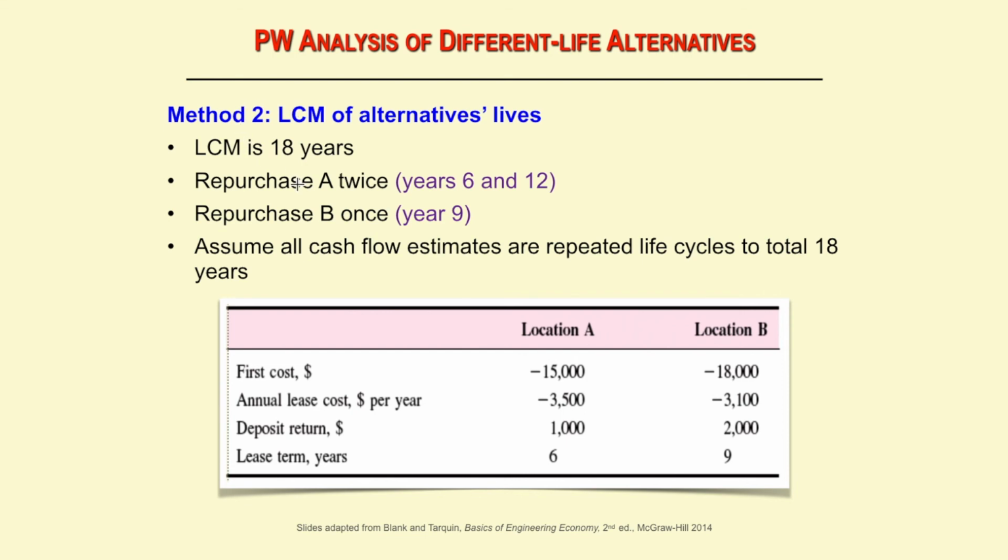Which means that location A has to be repurchased twice at years 6 and 12, and location B has to be repurchased once at year 9. And in using this method, we assume that all cash flow estimates are repeated over the multiple life cycles.